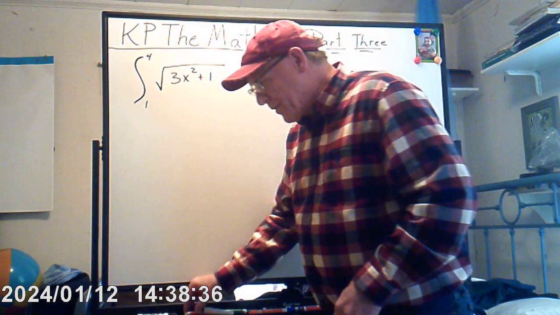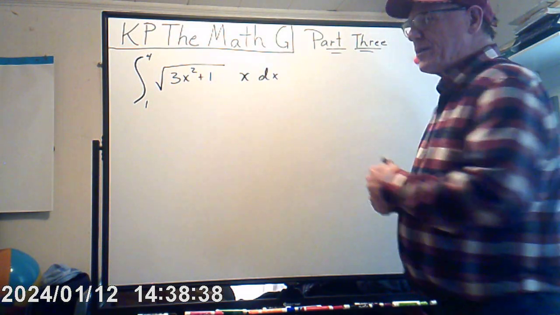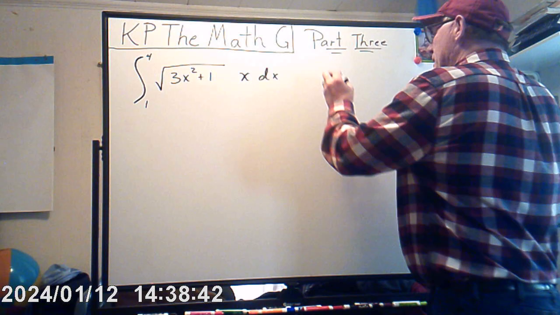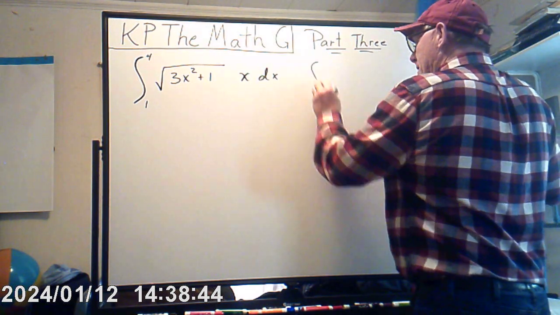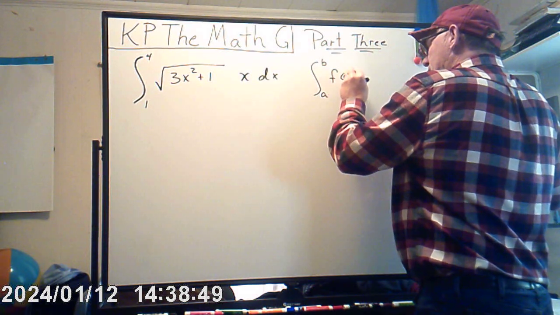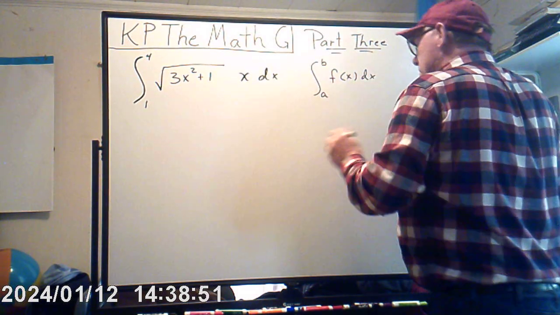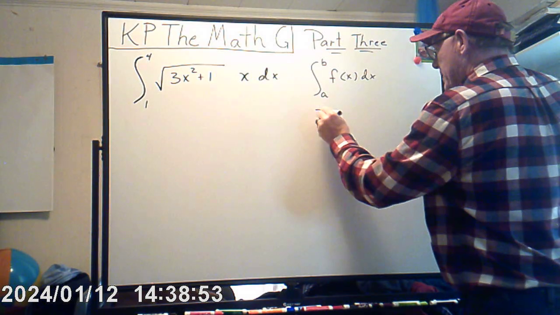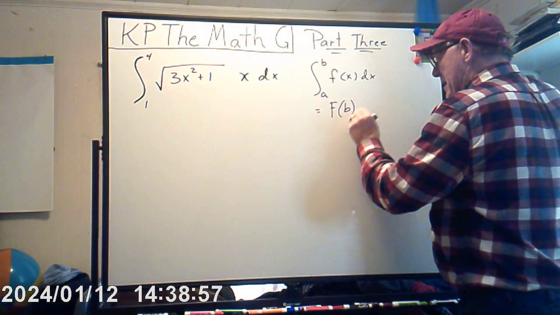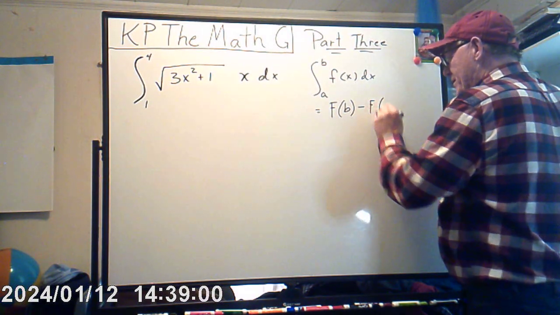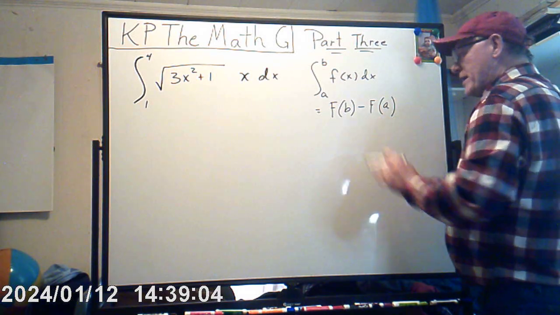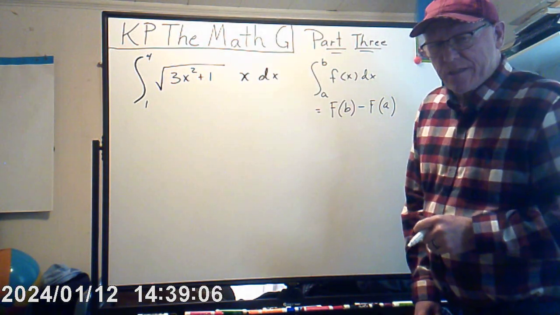For those who have not tuned in, the definite integral is actually the second fundamental theorem of the calculus, which says that if I integrate from a to b f of x dx, then the answer is capital F at b minus capital F at a.